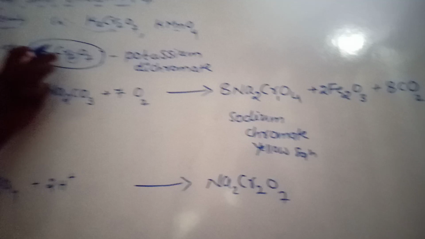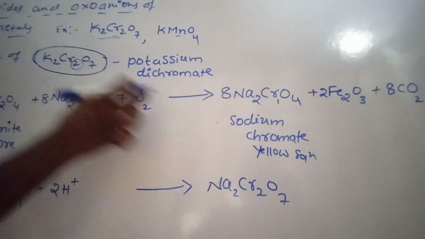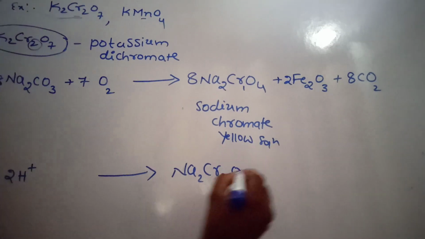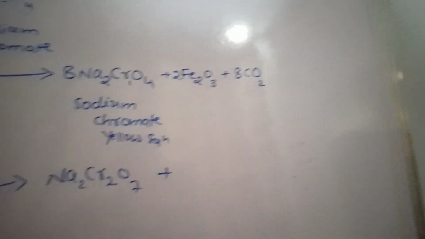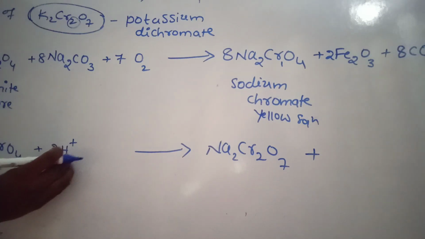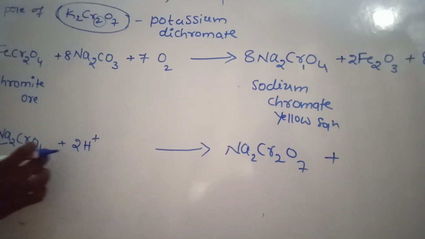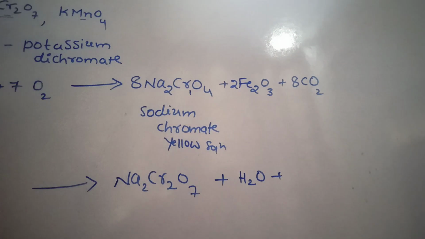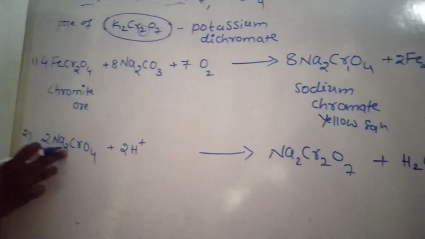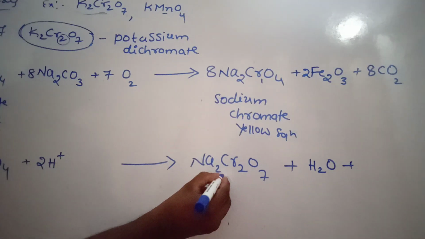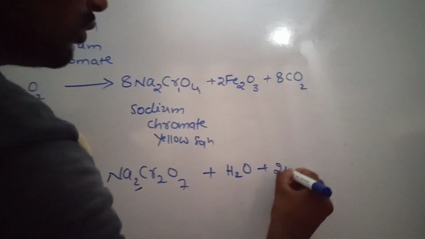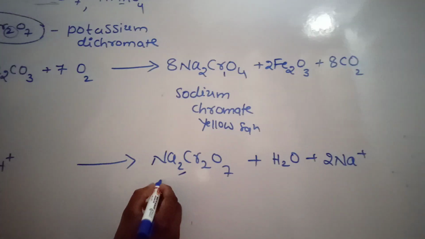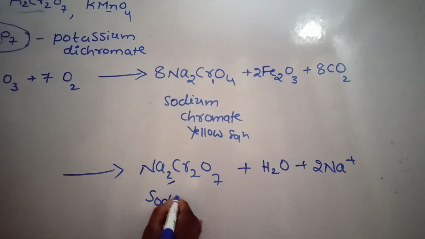See here K2Cr2O7 same as it is you will write here, but sodium instead of potassium, plus this is an acidic medium, so here two hydrogens and one oxygen. You know hydrogen and oxygen give water, H2O. Here for balancing, 2 twos are 4 sodiums, but in this compound only 2 sodiums. For balancing you will write 2 moles of Na plus.